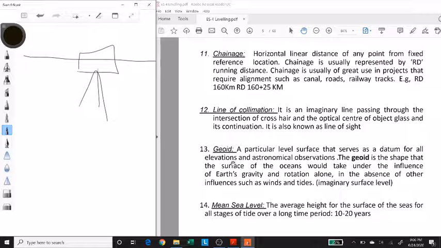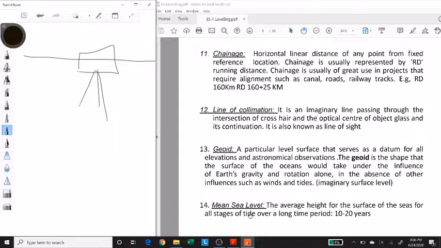And usually we use mean sea level, which is the next definition. But mean sea level is influenced by winds and tides, while geoid is an imaginary surface level which is without their influence, and it is used basically in astronomical observations.